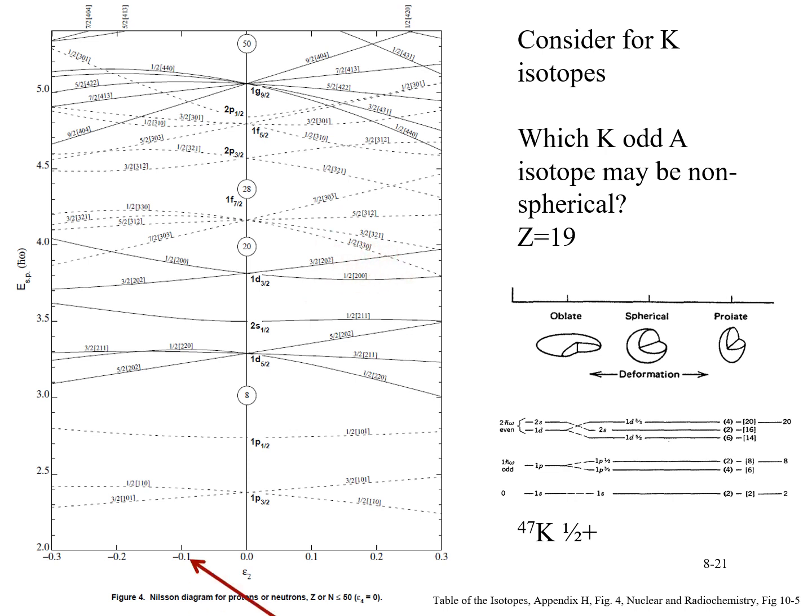If it's 1/2, we know it's in this orbital. Here's the spin of 1/2. This 200, the 2 indicates that it's in the D state, so it's a positive parity. This shows that potassium 47 is an oblate nucleus because it has a negative deformation parameter.